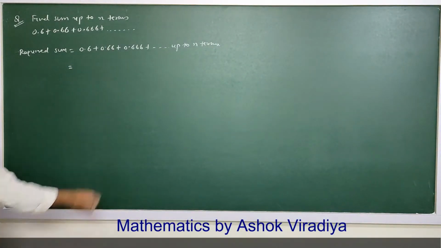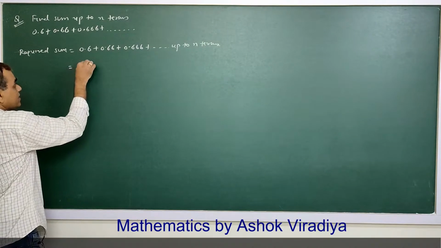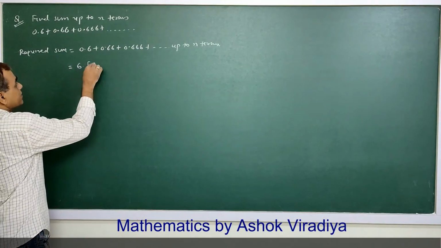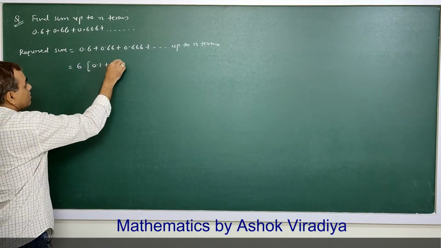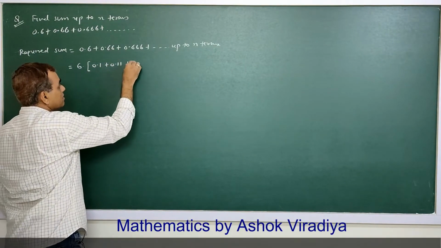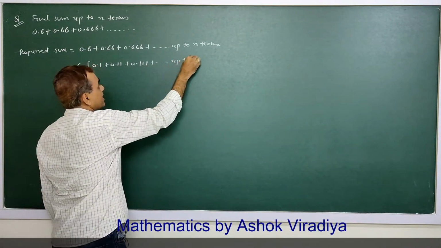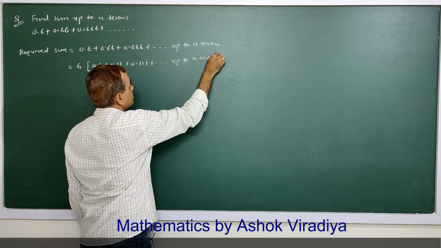Now the procedure is I am taking 6 common. Inside: 0.1, 0.11, 0.111 up to n terms. This is the procedure.